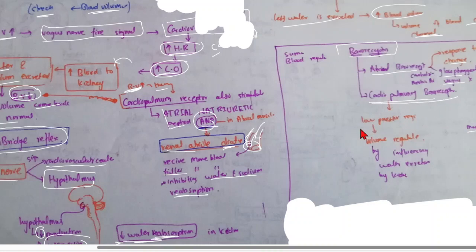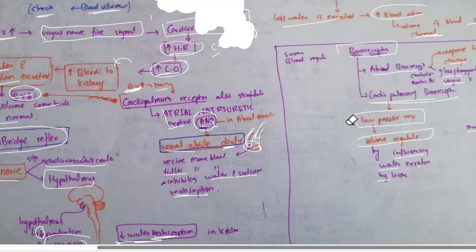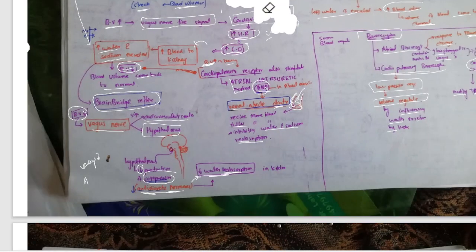The cardiopulmonary receptors are in the low pressure region, and regulate volume by influencing water excretion by the kidney. So up to this you have to remember everything. Now there is nothing left. We have covered the baroreceptors, cardiopulmonary receptors and atrial baroreceptors.